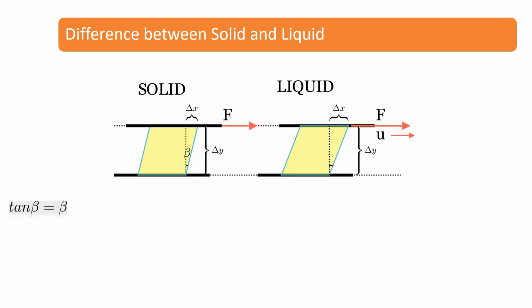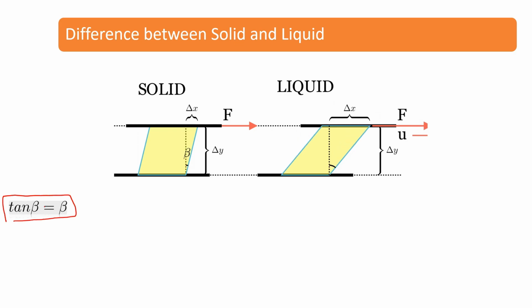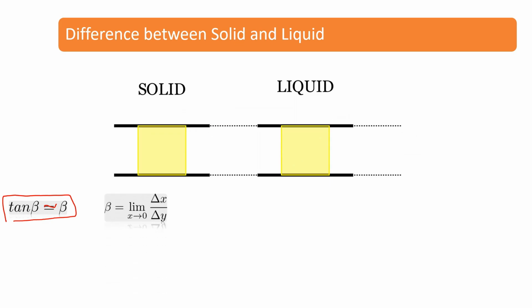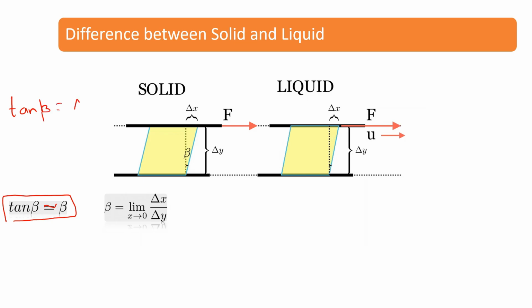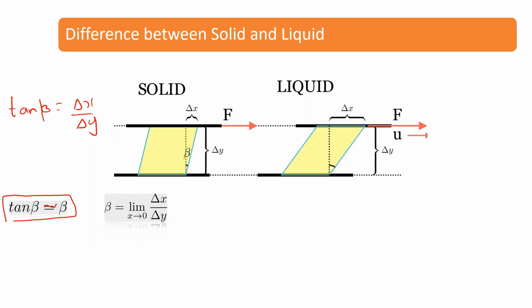So you can see here tan beta can be approximated as beta since the angle is very low, and tan beta is equal to delta x by delta y. When the limits are taken, beta can be taken as dx by dy.